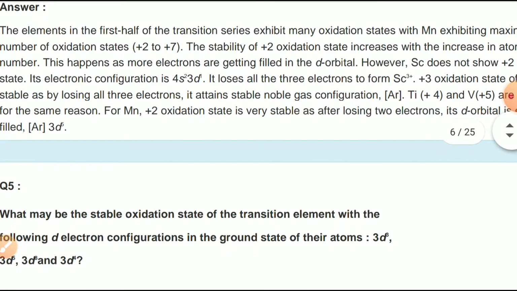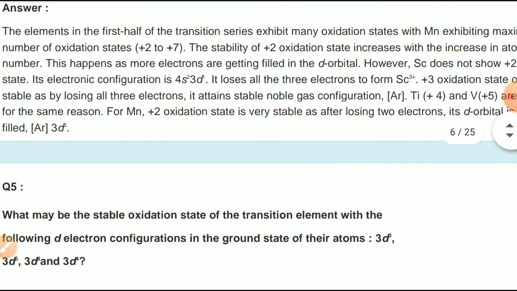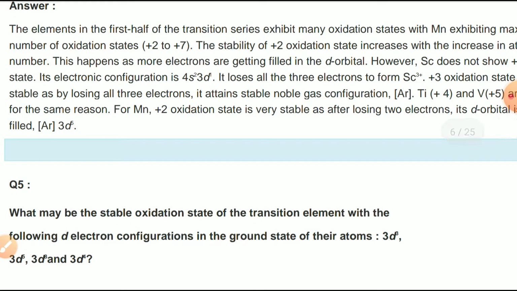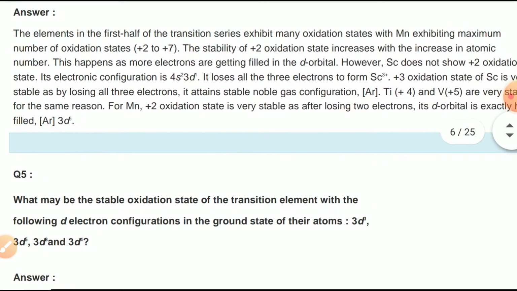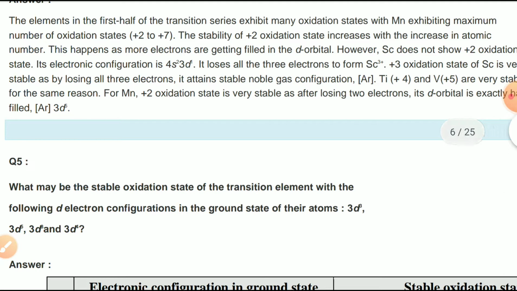Answer: the elements in the first half of the transition series exhibit many oxidation states, with manganese exhibiting the maximum number of oxidation states, +2 to +7. The stability of the +2 oxidation state increases with the increase in atomic number. This happens as more electrons are getting filled in the d orbital.